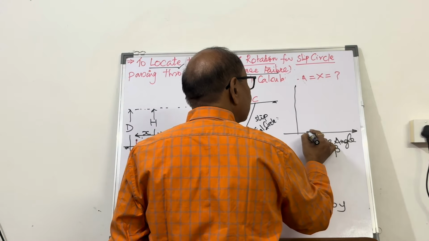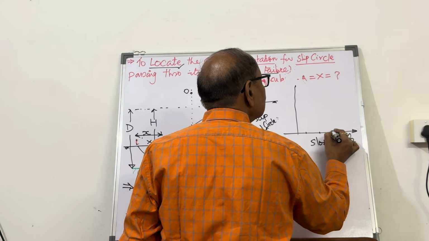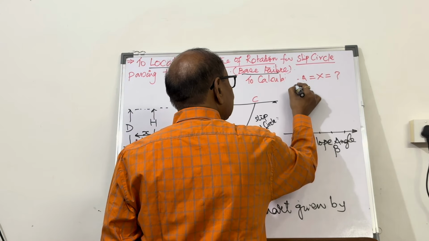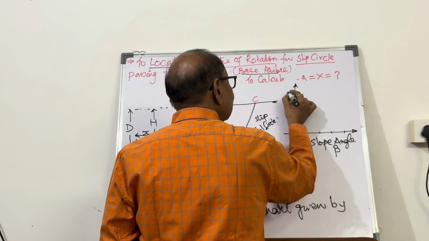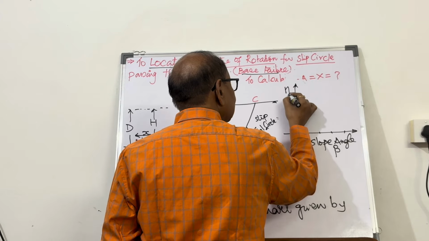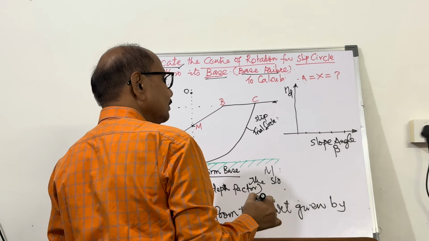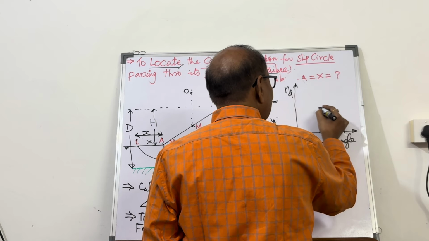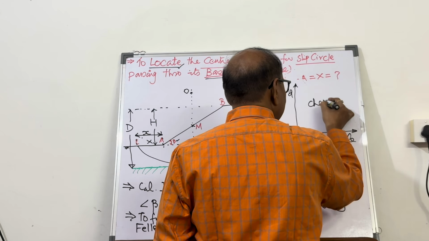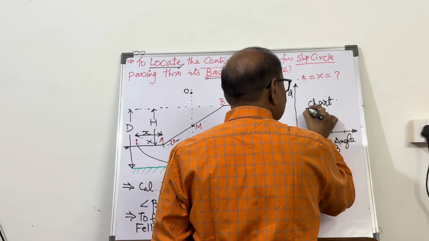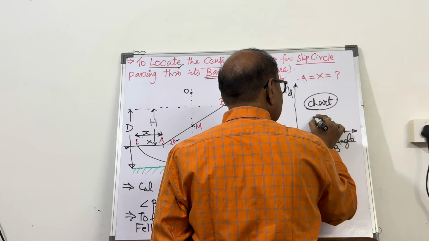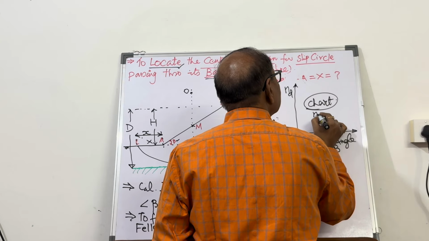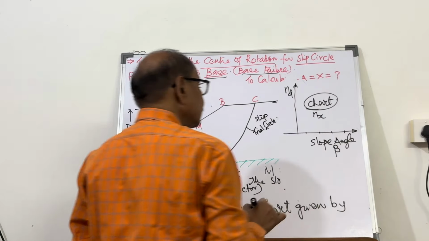So various slope angles you have, and on the y-axis you have got the depth factor ND, and then from the chart given by Fellenius you get a distance factor called Nx.